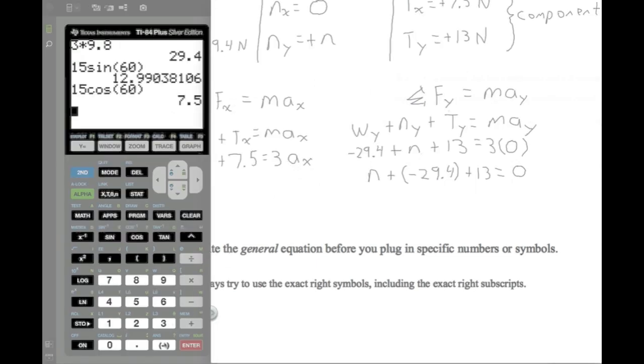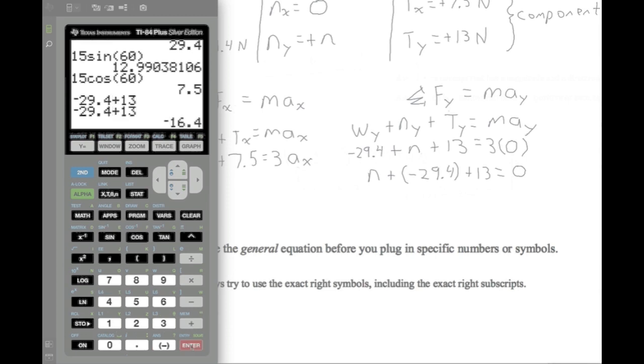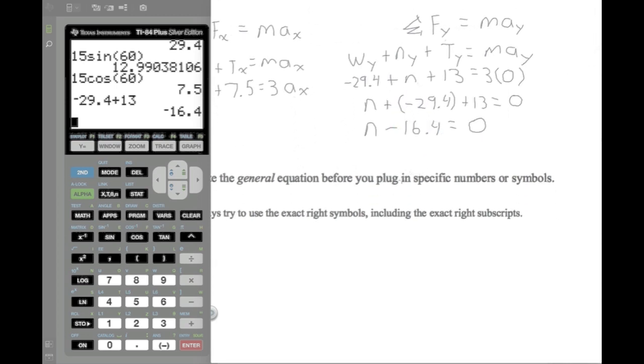And now we need to add negative 29.4 plus 13. Negative 16.4. Whenever there's a negative sign in your equation, be extra careful to avoid making mistakes with that negative sign.